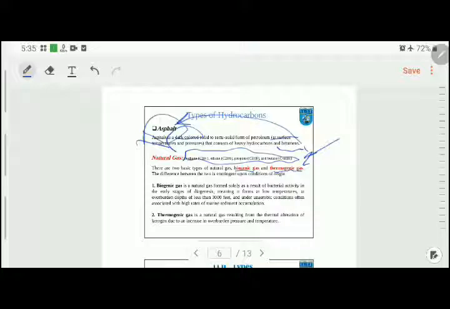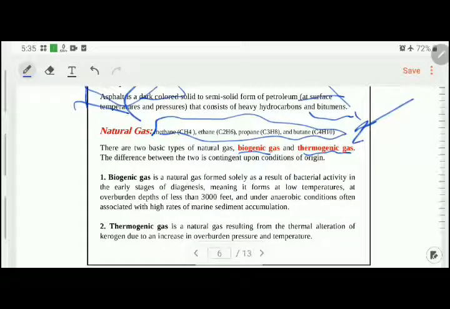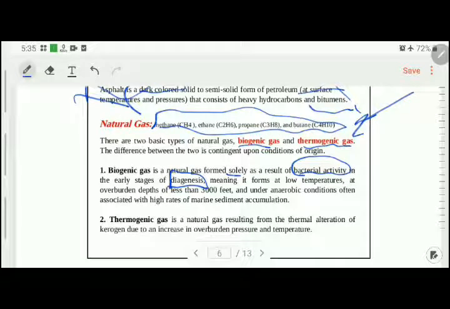The first one, biogenic gas, is natural gas formed solely as a result of bacterial activity in the early stage of the diagenesis process. This diagenesis process is one of the operations that convert the kerogen into petroleum.